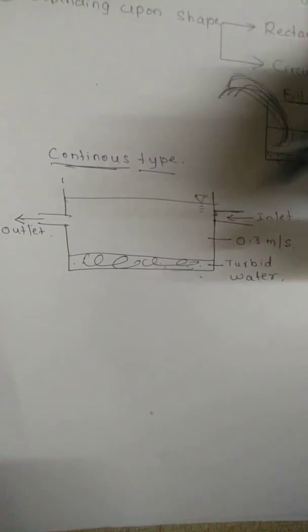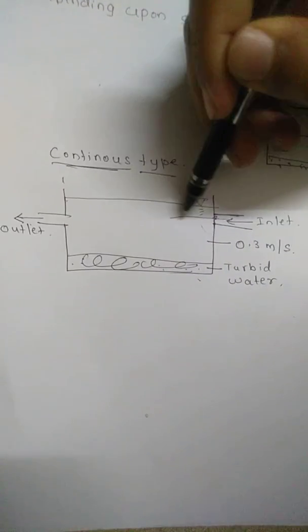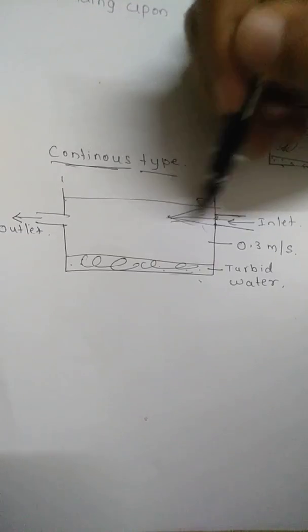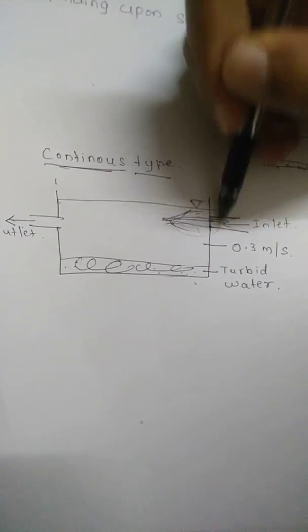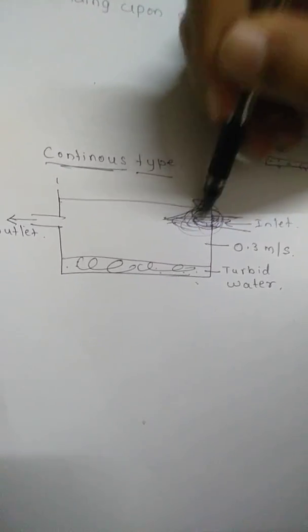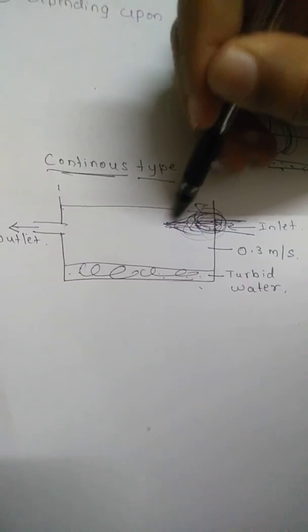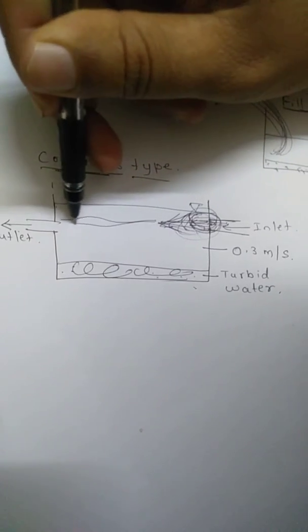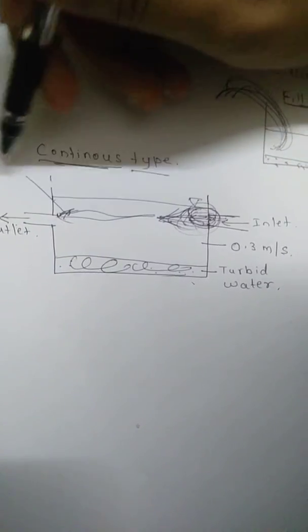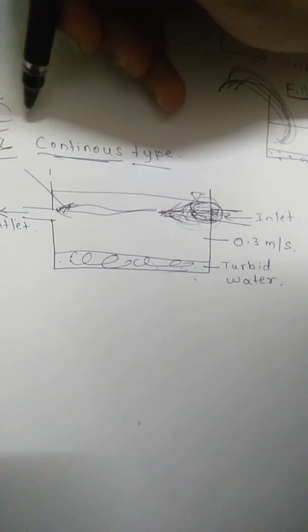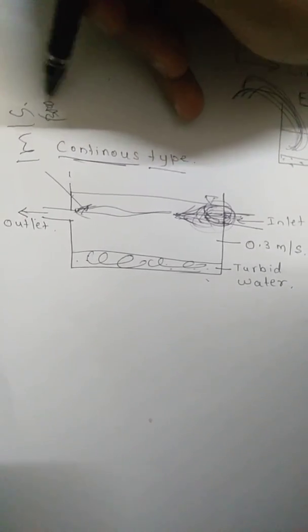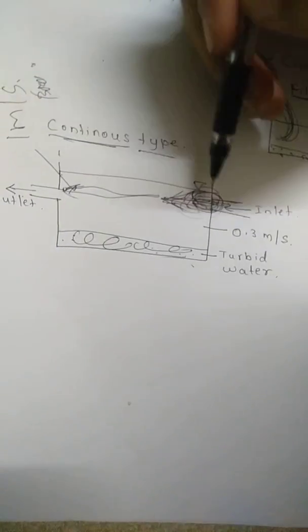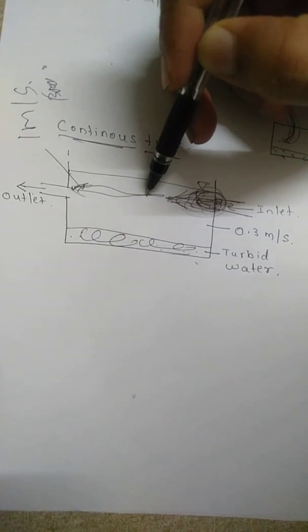Suppose we pass the water from here, if the velocity is more, then what will happen? If the water is turbid and the velocity is more, again what will happen? As we have passed the water with a greater velocity, say 1 meter per second, or 30 meters per second, or 100 meters per second, or any velocity, if we pass it with the greater velocity, what will happen?